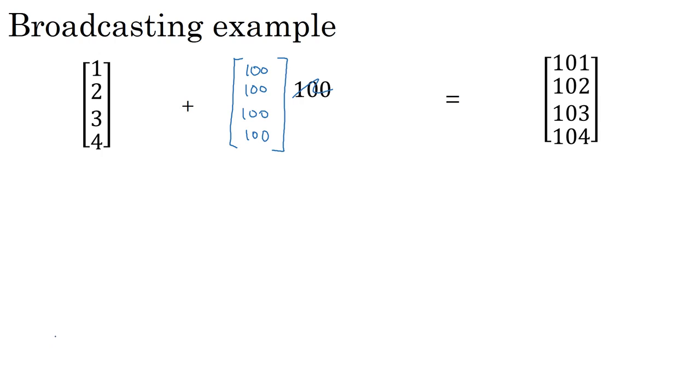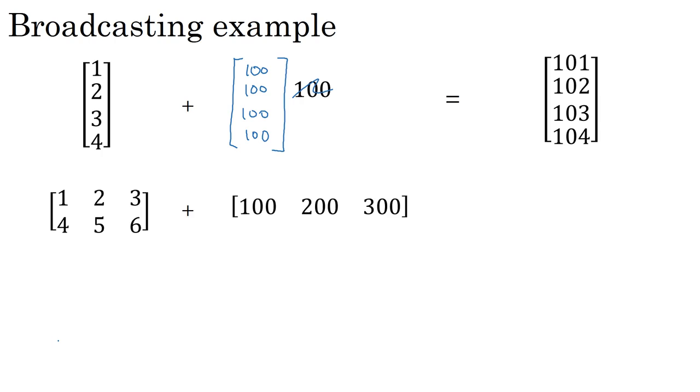Here's another example. Let's say you have a 2x3 matrix and you add it to this 1xn matrix. So the general case would be if you have some m by n matrix here and you add it to a 1 by n matrix. What Python will do is copy the matrix m times to turn this into an m by n matrix.